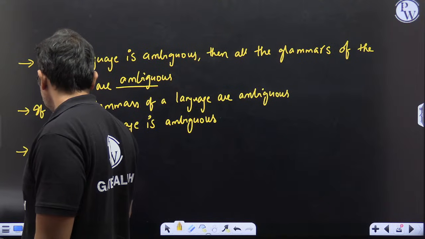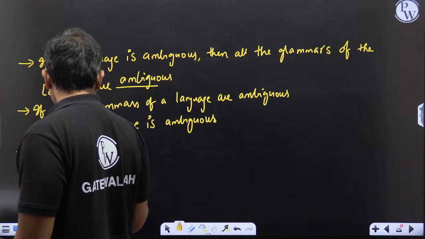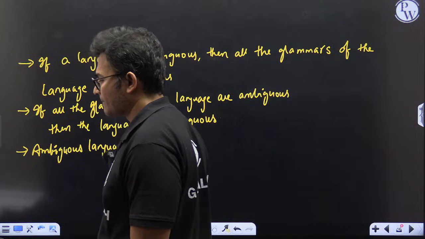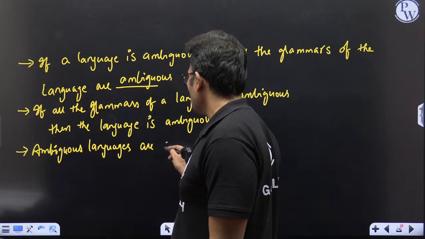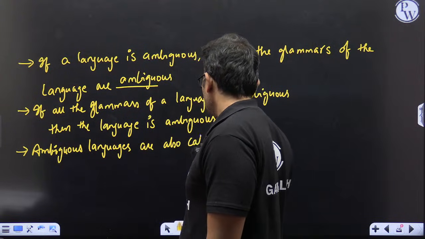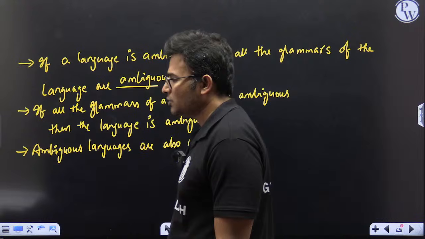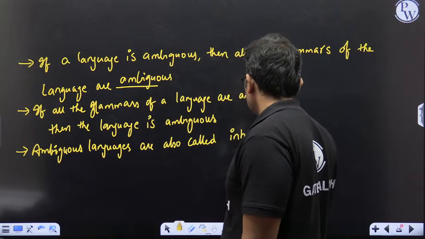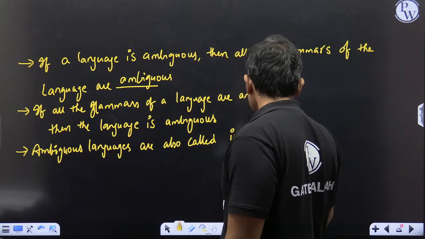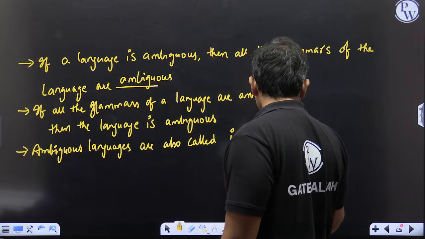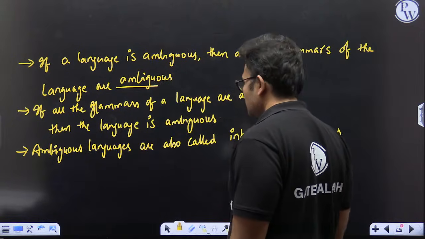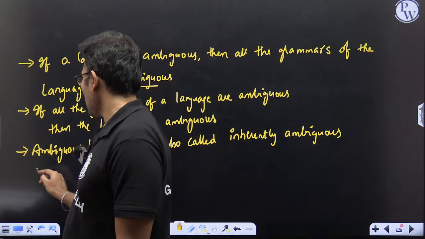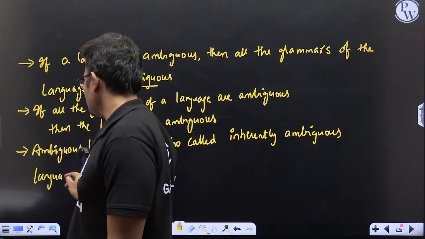Ambiguous languages are also called inherently ambiguous languages.